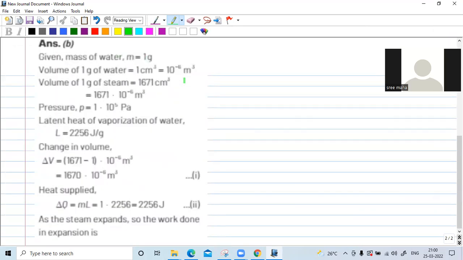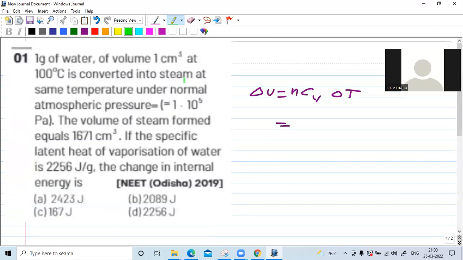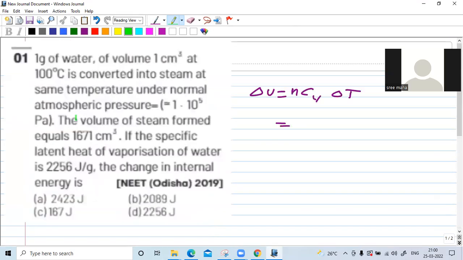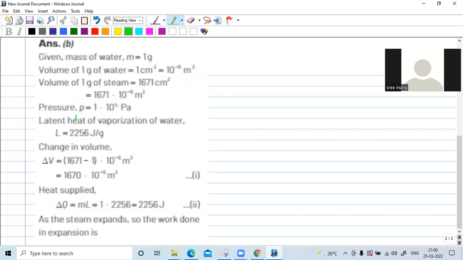So the increase in volume is 1670 cubic centimeters. Okay, it's converted to cubic meters. Okay, pressure is this one, and atmospheric pressure. So you're using the first law of thermodynamics.